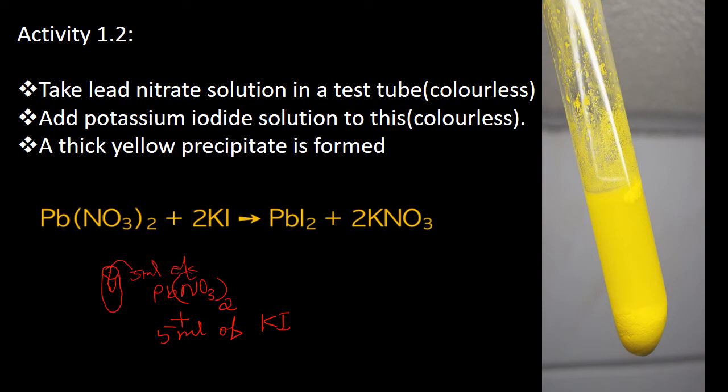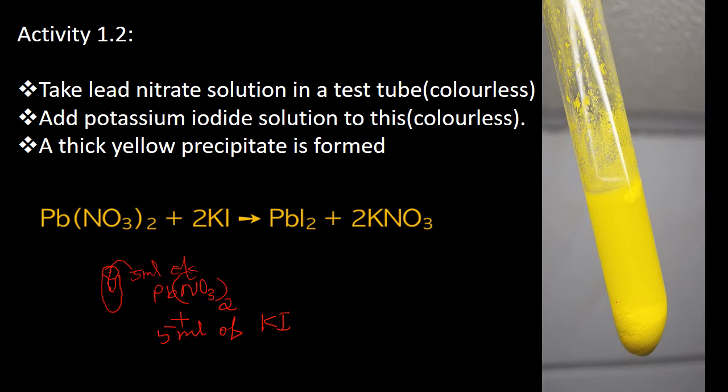Both these solutions are colorless. As soon as you mix both, you will get a thick yellow colored precipitate. So you can say there is a chemical reaction. How did you identify there is a chemical reaction? With the formation of a precipitate.